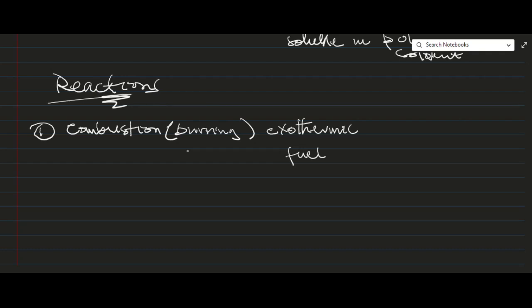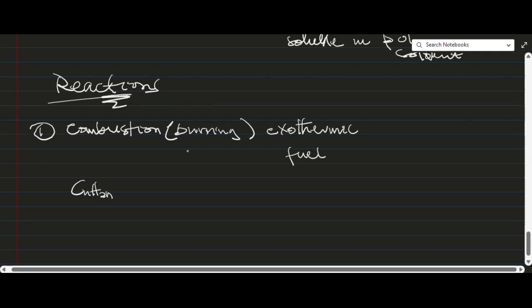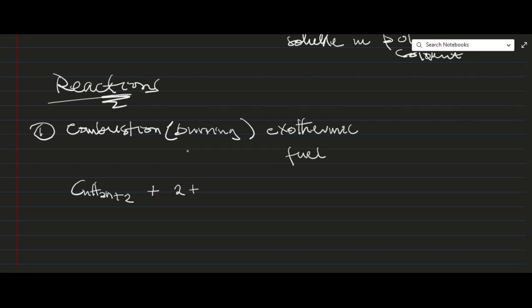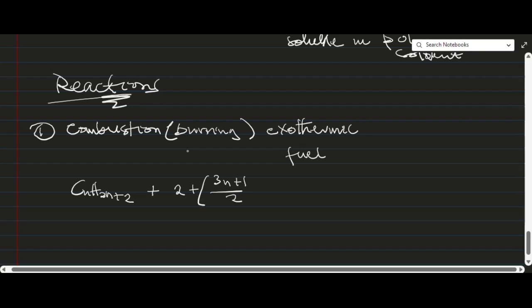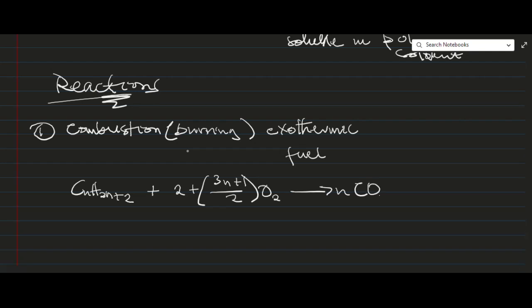I will write the general equation for combustion of alkanes, which is CnH2n+2, remember, this is the general molecular formula, plus (3n+1)/2 O2, and this will give us nCO2 plus (n+1)H2O, and then plus energy.